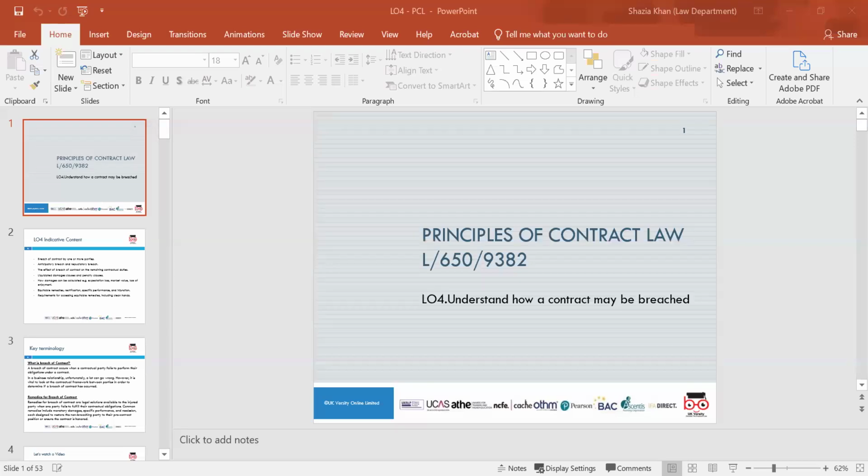We also looked at the element of illegality within a contract and how that voids a contract, such as contracts for criminal activities, etc. We went on to look at outlining various types of contractual mistakes, so common mistake, mutual mistake, unilateral mistake, with reference to their effects on a contract, but also with reference to case law as well.